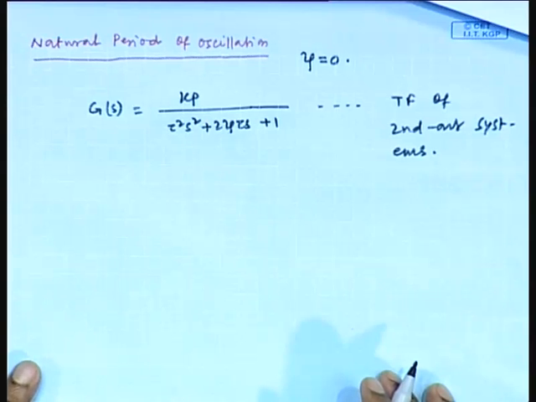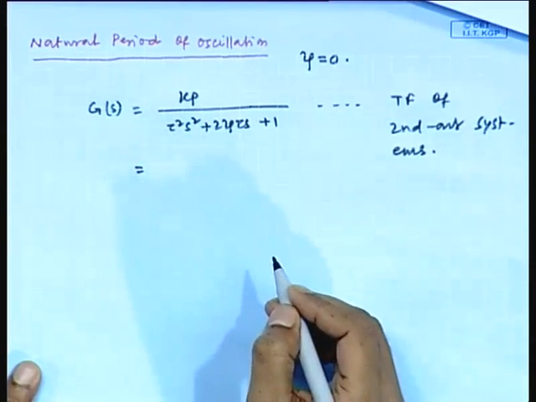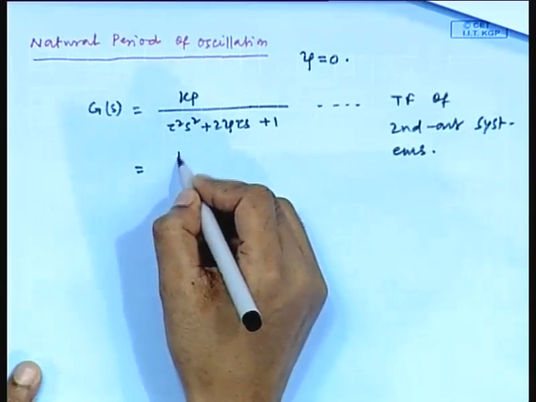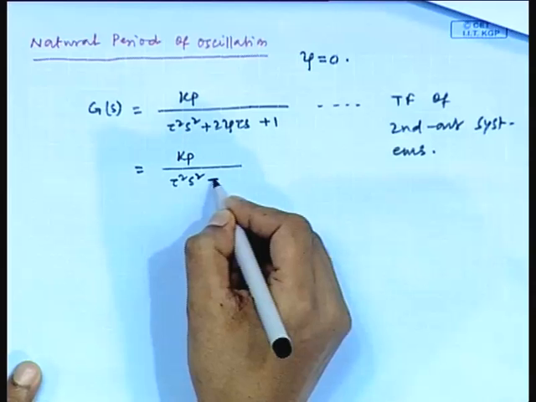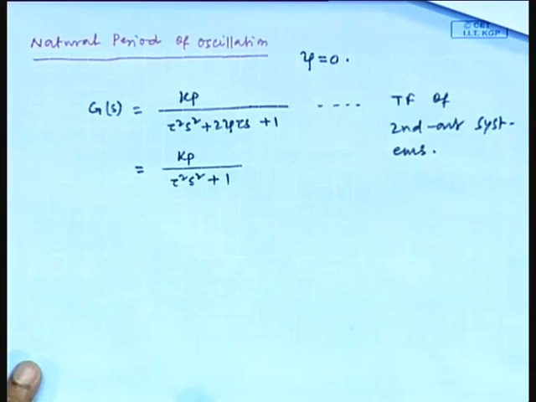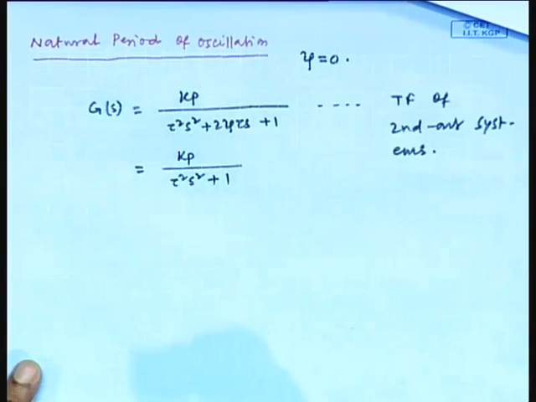If we consider zeta equals 0, then we get Kp divided by tau square s square plus 1.